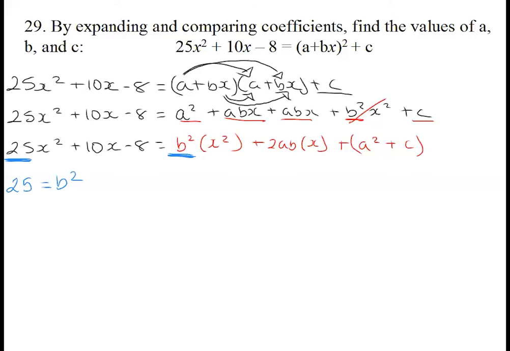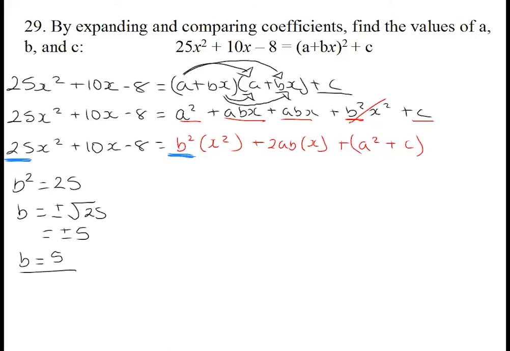This means that, so let's just change this around. B squared is equal to 25, therefore b is equal to plus or minus the square root of 25, which is plus and minus 5. Like I mentioned before, let's take the positive value to keep things simple, but you can use the negative value and get a different set of values, which will still be correct. So b is equal to 5.